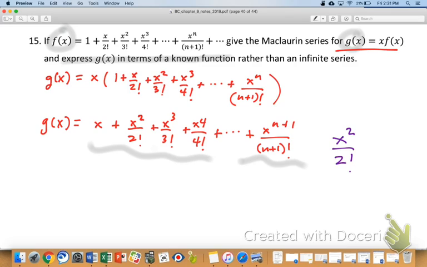Okay, so if we start at 0, it would be x to the 0 plus 1 over 0 plus 1 factorial. That agrees. It works. But again, I ask, is this e to the x? Is that equivalent to e to the x? Not quite. Let's write down the power series for e to the x.